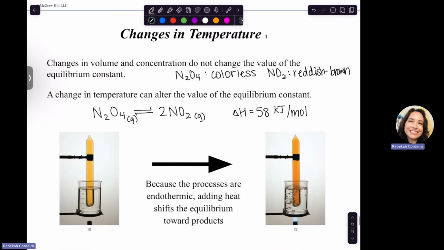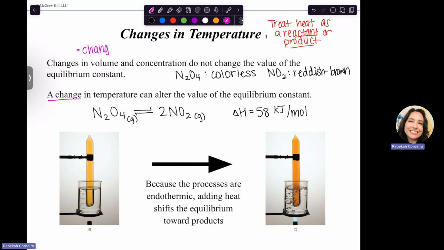All right, and the last little piece is changes in temperature. I want you to treat heat as a reactant or a product. That's going to help you think about it in terms of adding something or removing something. And then here's a big change.